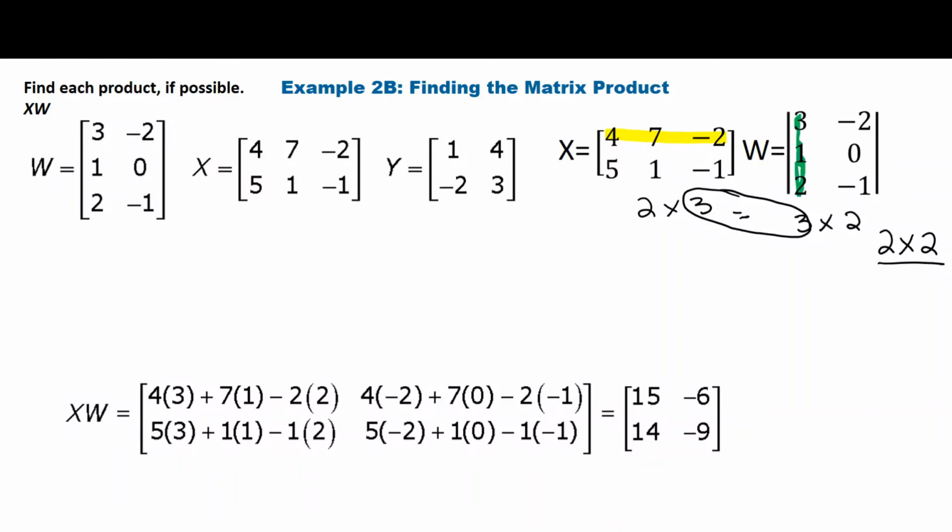All right. And so now that we have that, we're going to just start multiplying and adding. So we're going to say 4 times 3 plus 7 times 1 plus negative 2 times 2. All right, when we add all that together, 4 times 3 is 12, plus 7 minus 4 is 15.